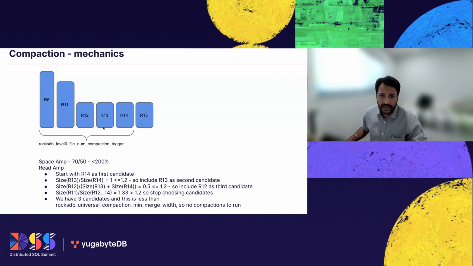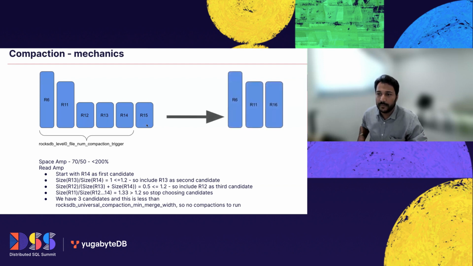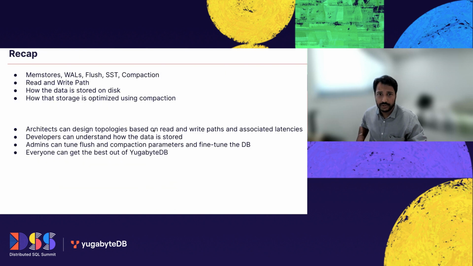But then since we only have 3 files, it did not trigger a compaction. And then we are waiting for the 4th one. As soon as we get the 4th one, we trigger another compaction. Remember, I told you we need at least 4 files to trigger a compaction. So this is how the compaction works.